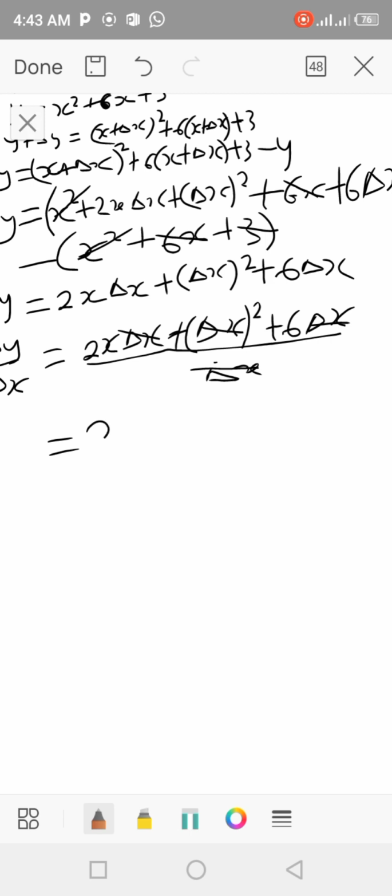So that's going to be 2x plus Δx plus 6.